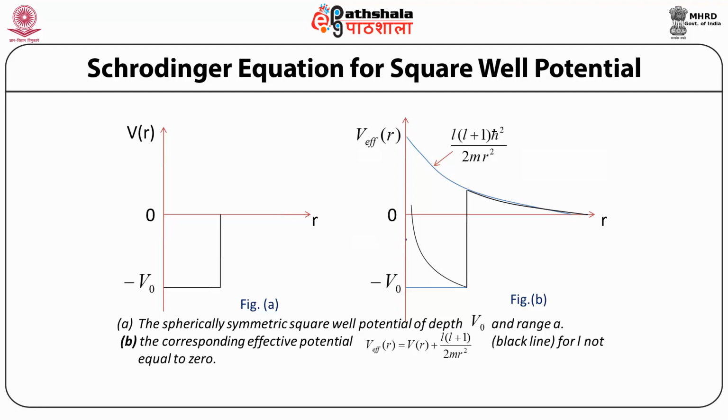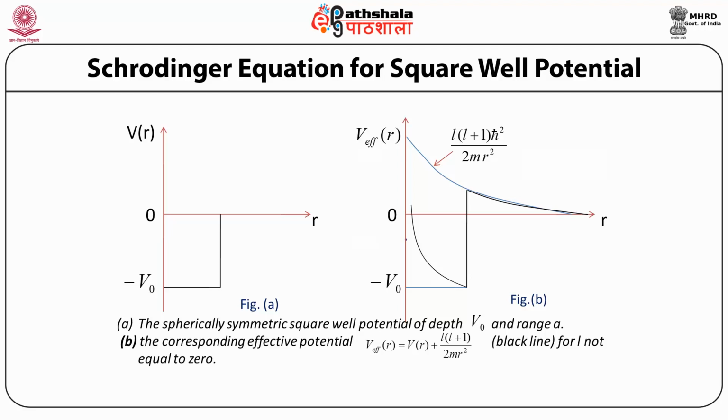Now we have the spherically symmetric square well potential superposed on it, which starts from minus V0 and ends at r equals a. If we superpose these two, the V effective r, which is V(r) plus l(l+1) by 2mr square, shown by the black line, is something in between.